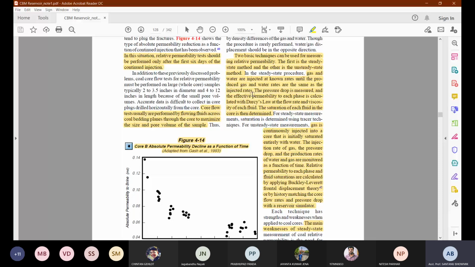With this record, you put it in Darcy's law and calculate the permeability. Obviously the saturation you will also measure, because you take the pressure and measure the volume flow, so with time you will be able to calculate the saturation, and then the permeability will be given based on this saturation.